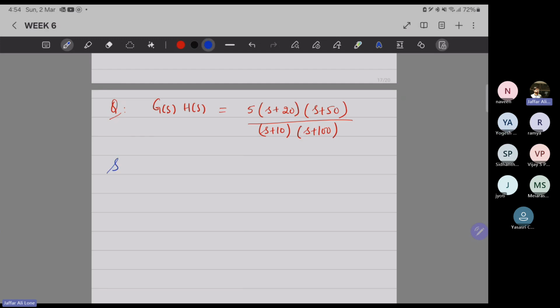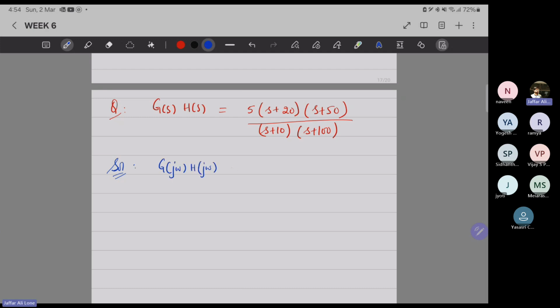So first of all, what you will do, you will make the system in time constant form, right? So I told you everything you have to write in 1 plus s form, right? So writing it in time constant form, you'll get something like this. And then I'll also put G(j omega)H(j omega).